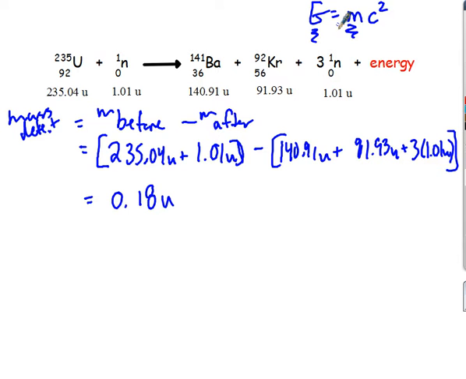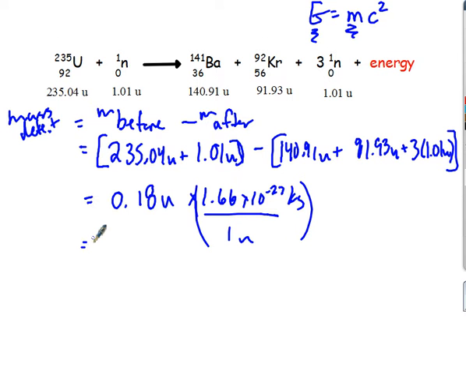Now again, we're going to use Einstein's equation, E equals mc squared, to find out what that mass defect is equivalent to as an amount of energy. So I'm going to multiply by 1.66 times 10 to the negative 27 kilograms for 1 atomic mass unit. And I get 2.988 times 10 to the negative 28 kilograms.